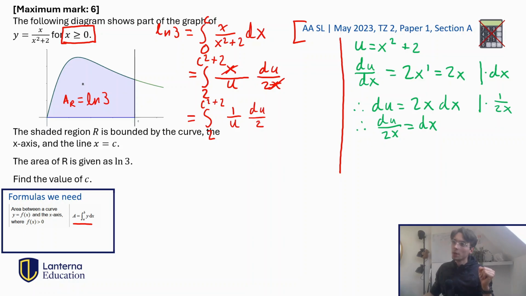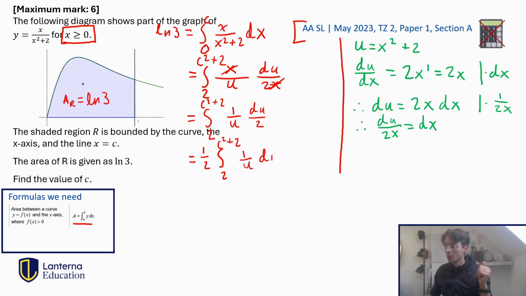Now this divided by 2, we can just take that outside in front. Whenever you've got a factor that multiplies everything when you're integrating, you can just take that out into the front. So then I will just really quickly do that. I will take the 1/2, I'll put that out in front. Remember, that only works if it's multiplied by everything. So, and then we have the integral from 2 to c squared plus 2 of 1 over u du.